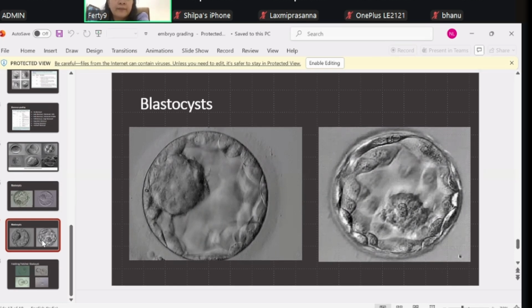If that embryo has no abnormality, that is euploid, we transfer euploid embryos to the patient. Generally a euploid embryo has more strength, so the patient will get a positive result, and a healthy baby can easily be expected.